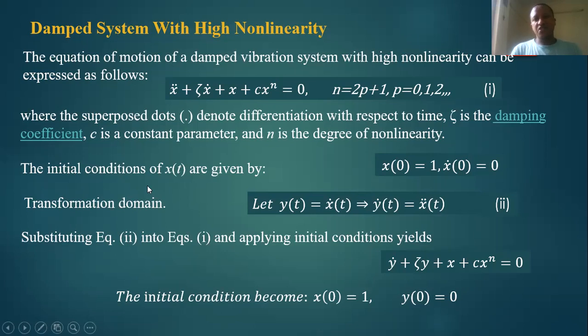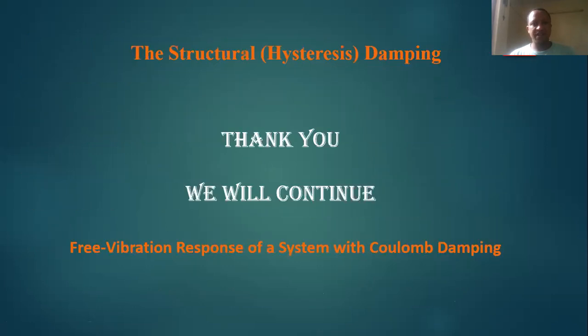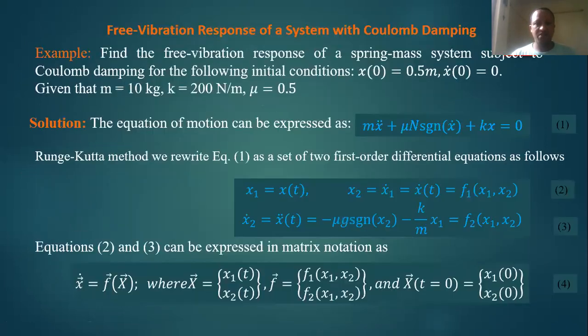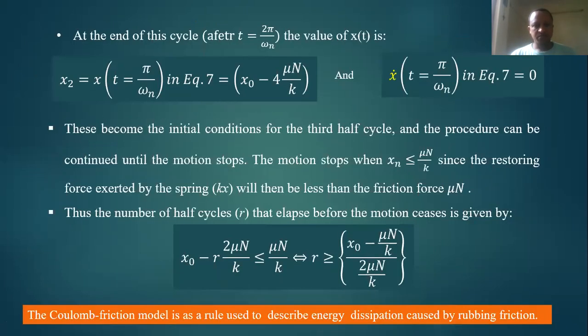The initial conditions in this case, as we have seen in the previous example for Coulomb damping, are x of 0 equal to 1 and x dot of 0 equal to 0. This is almost similar to the previous example. Can you go back and see the previous example?